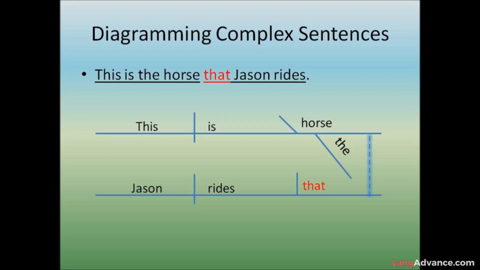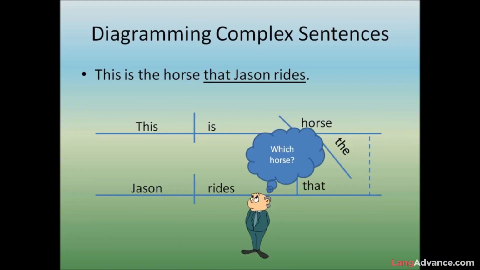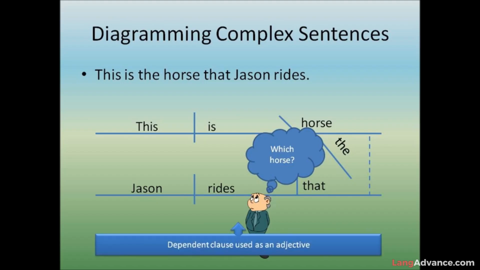Then we have Jason rides that as our second clause. That is being used as a direct object, while also being the modifying phrase for which horse. We ask which horse, and we're told the horse that Jason rides.